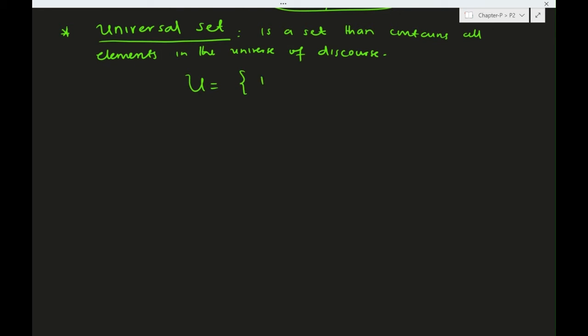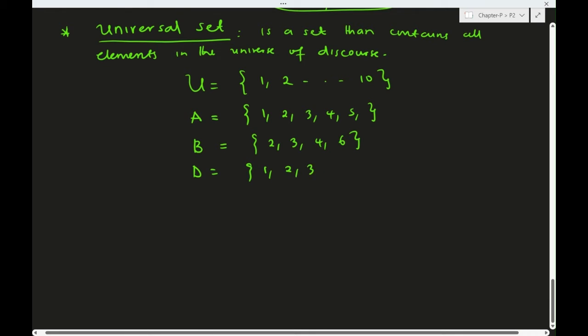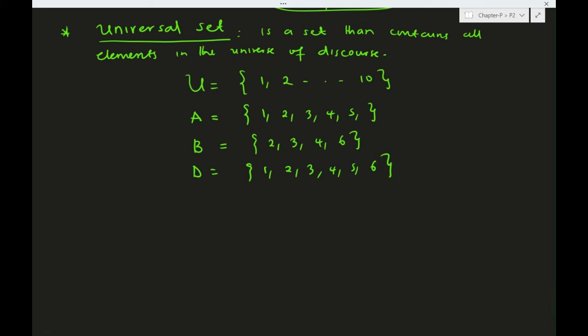Let's take U to be equal to 1, 2, up to 10. And we take A just the same as 1, 2, 3, 4, 5. And we take B to be just 2, 3, 4, and 6. And we take D to be 1, 2, 3, 4, 5, 6.